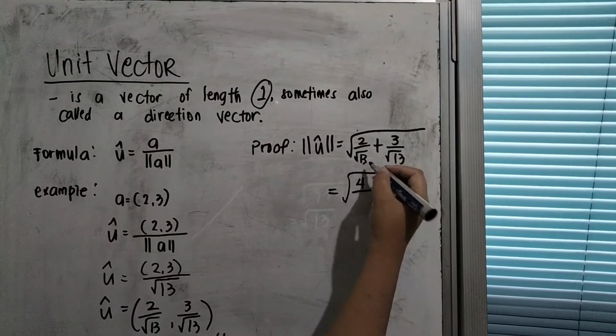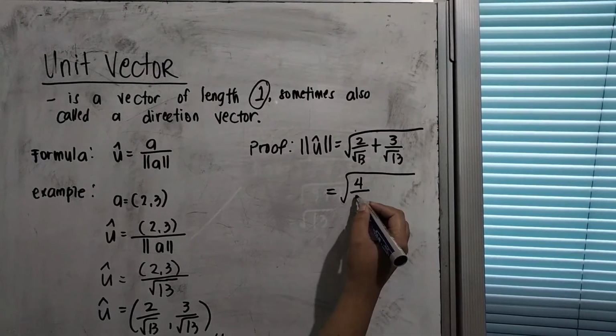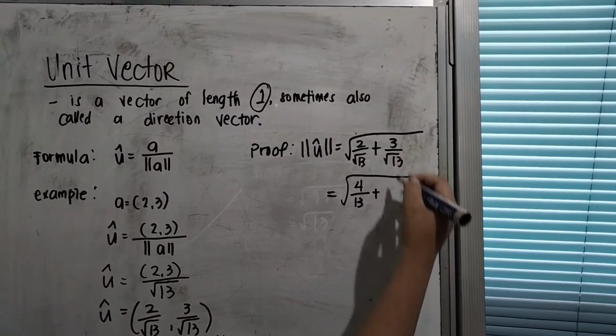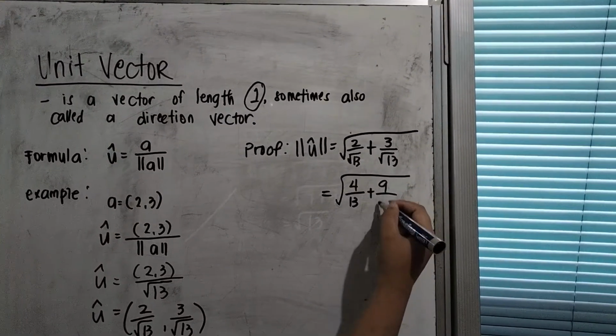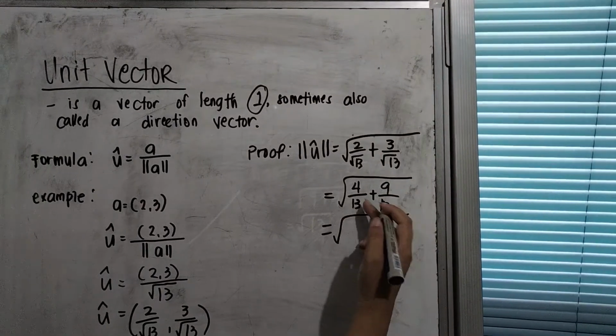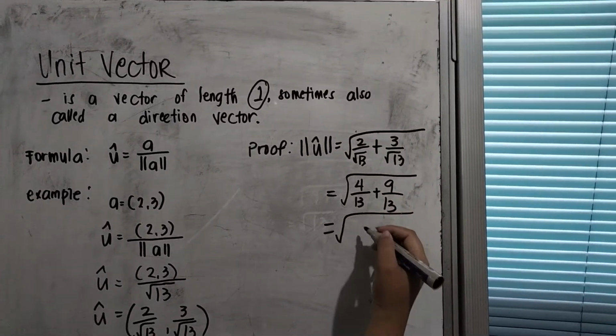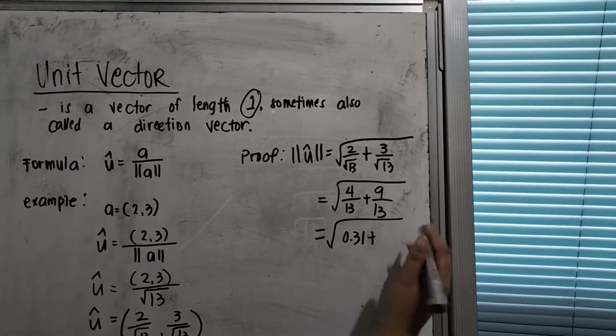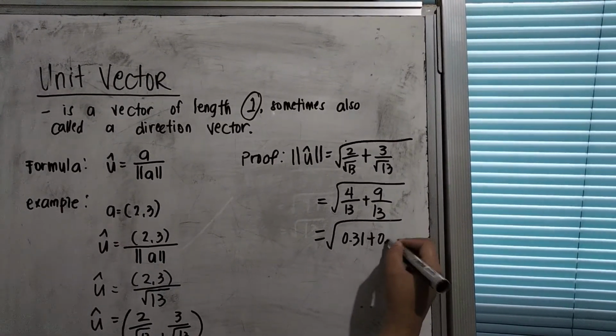Square root of 13 times square root of 13 is 13 kasi maka-cancel plus 3 times 3, 9 over 13. I-divide natin ito. 4 divided by 13 is 0.31 plus 9 divided by 13 is 0.69.